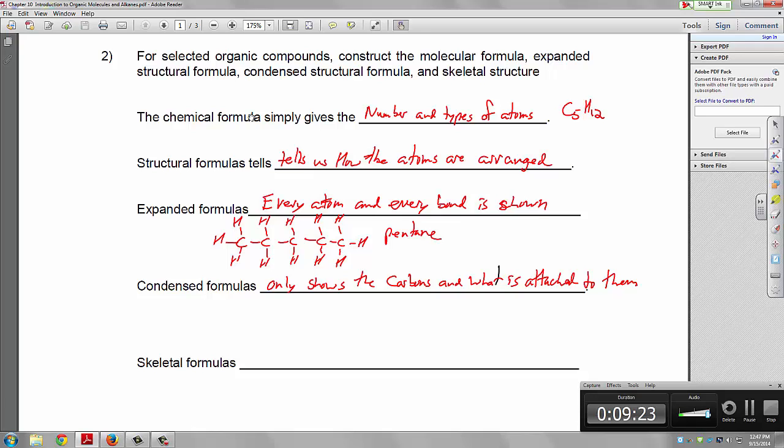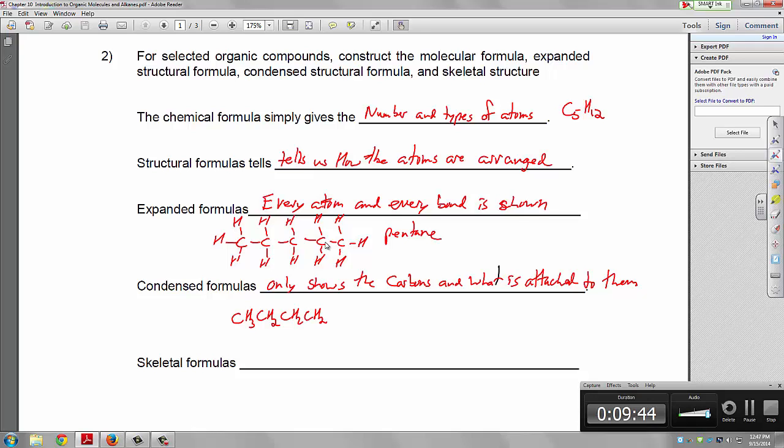Okay, so if you look at pentane here, we've got a carbon on the end which has 3 hydrogens, so that's a CH3. And then that's followed by a carbon with 2 hydrogens, so that's a CH2, and then another CH2 and another CH2.